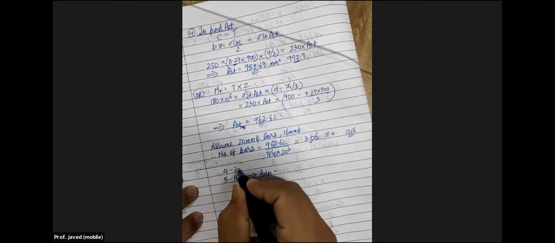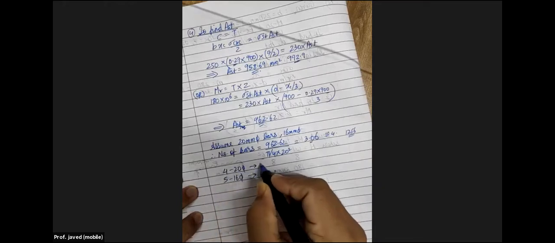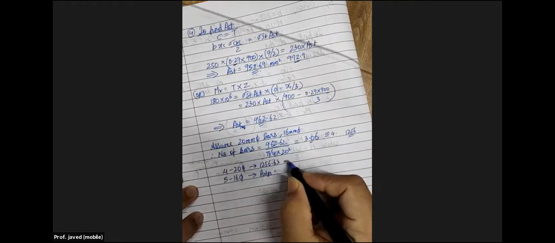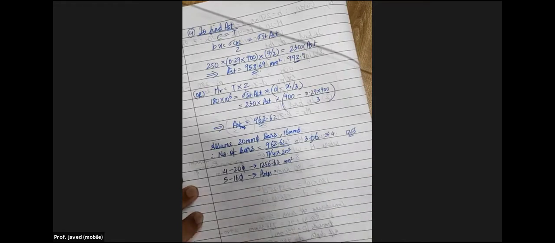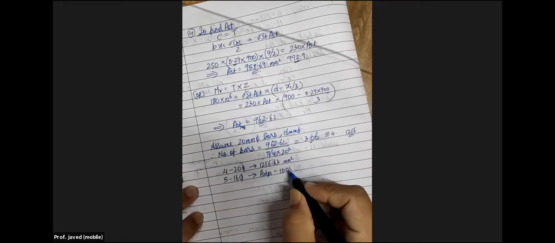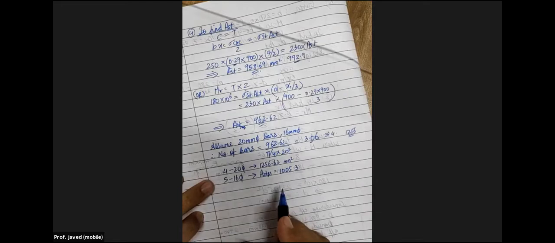First was 4 bars of 20 if I consider, so it is almost 1256.63 something. Okay, 1005.3. 1005.3 for 5 bars of 16. Okay, that will be fine.